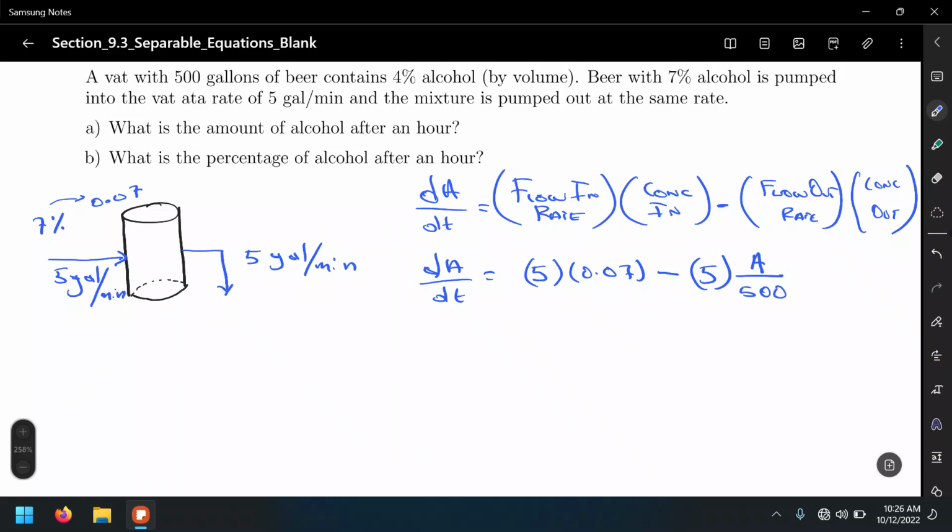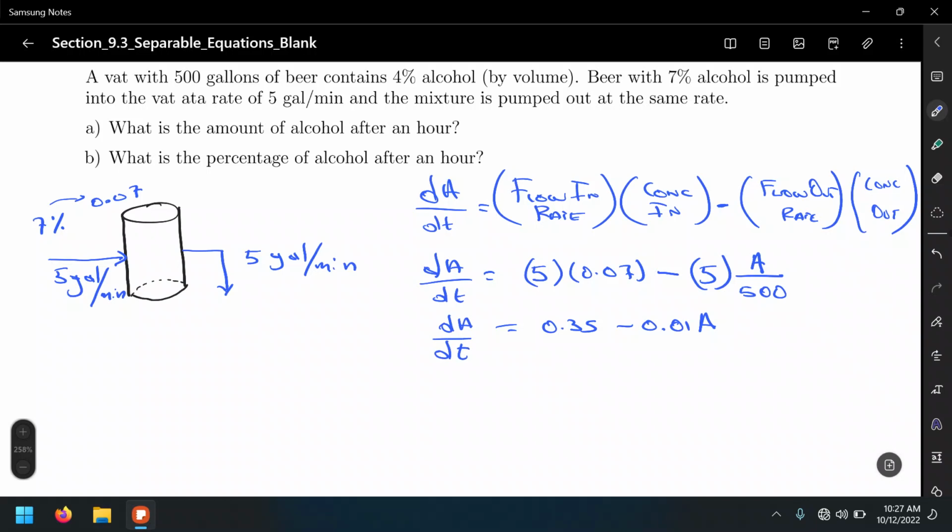Simplifying this equation, we get 0.07 times 5, that's 0.35, and 5 over 500, 1 over 100, or 0.01 A. So that's the equation that we need to solve in this case.